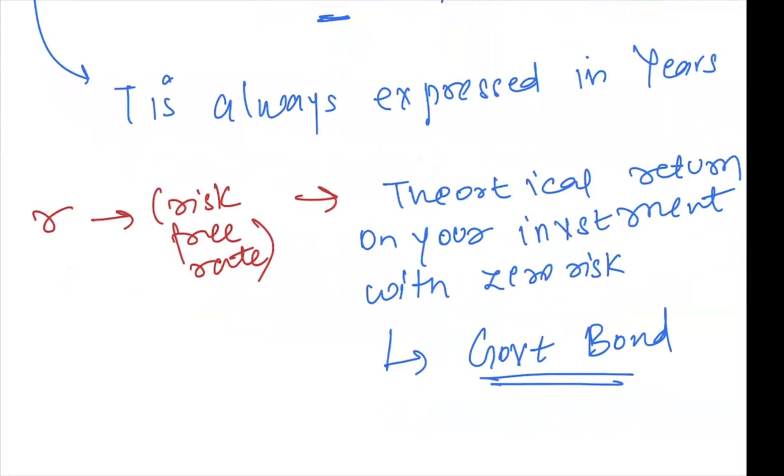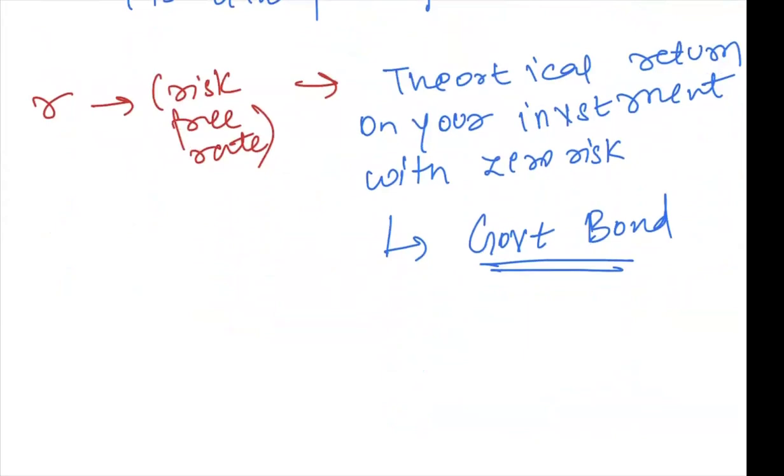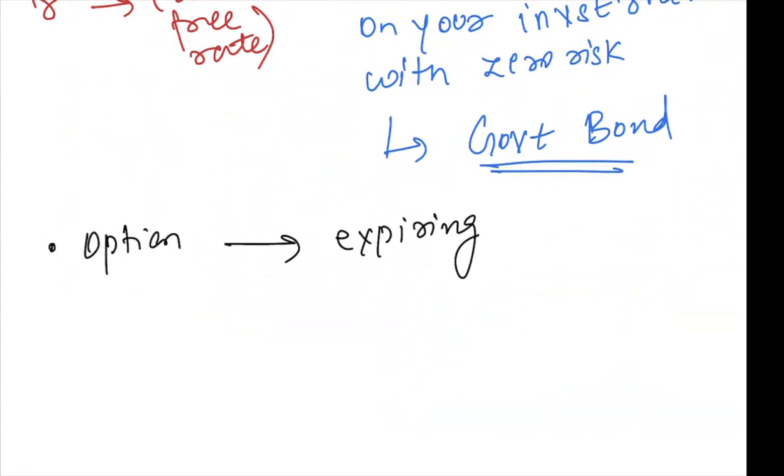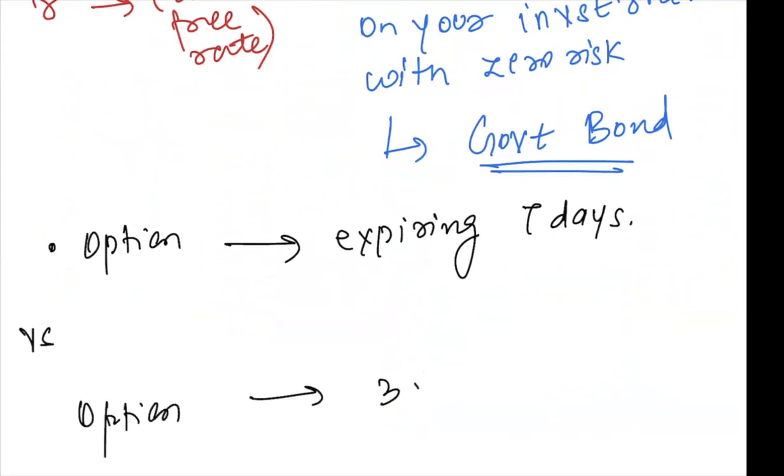Now, the question comes: we have a modeling choice to make, right? This is the kind of issue that you will face in real life when you try to model all these different contracts. Let's say your option contract is expiring in 7 days versus your option contract is expiring in 3 months. Will you use the same risk-free rate in both cases?